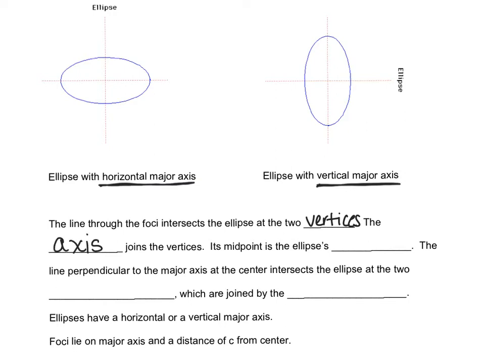The midpoint is the ellipse's center, so the center is in the middle of that axis. The line perpendicular to the major axis at the center intersects the ellipse at two covertices. We're going to go up and label those pictures in a second. I think these words will make more sense when you get the visual. The covertices are joined by what's called the minor axis. So ellipses have a horizontal or a vertical major axis, and then they have the minor axis.